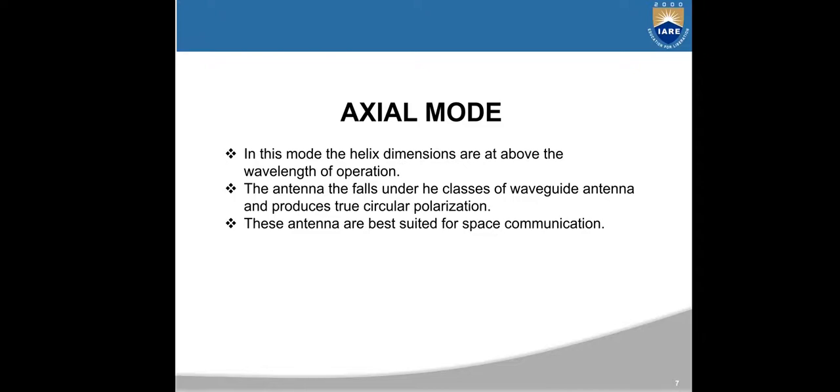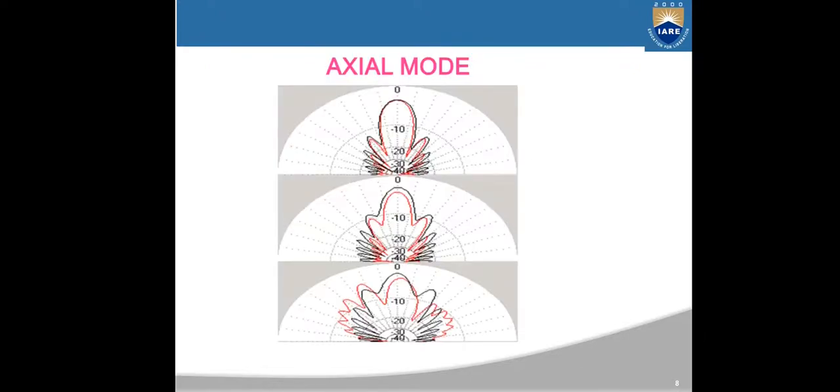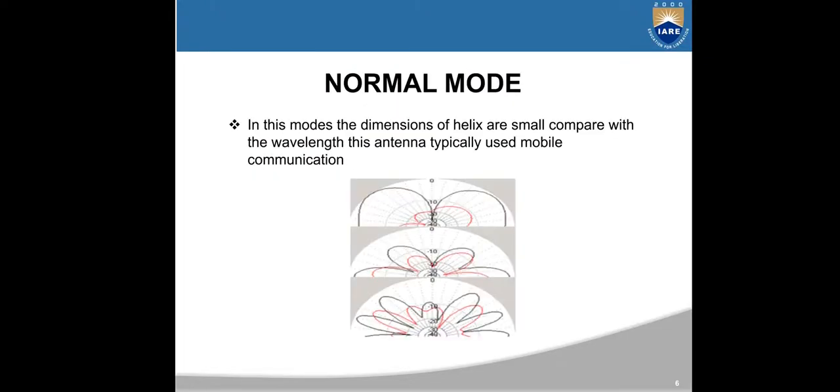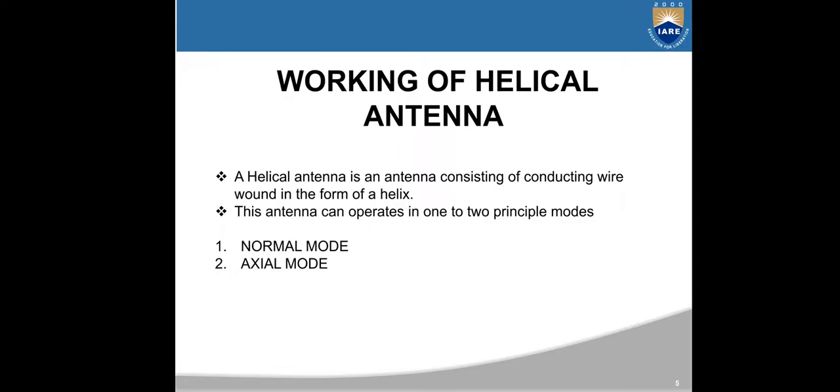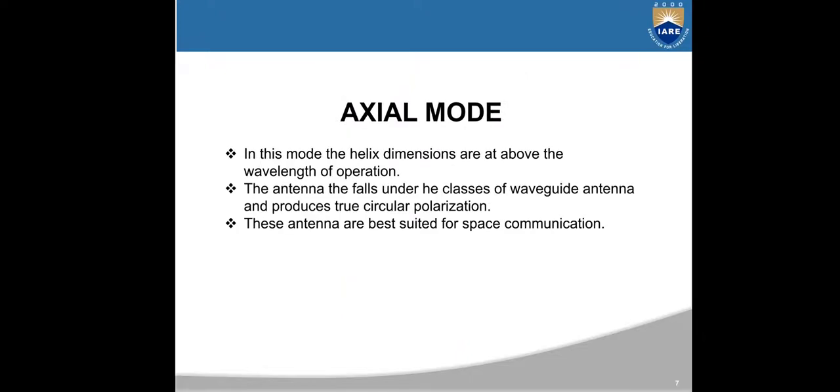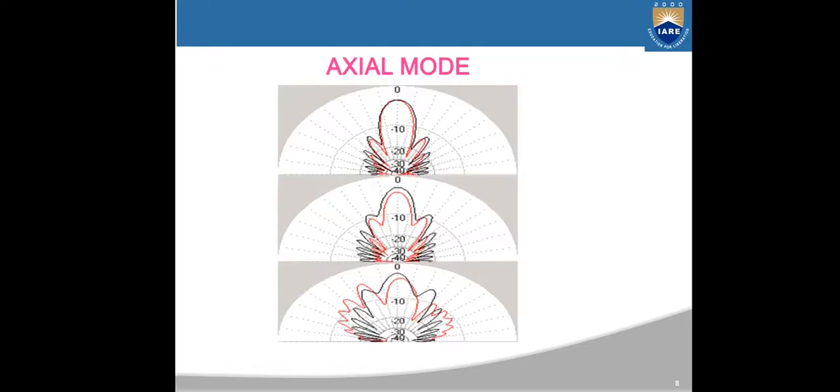Mostly the helical antenna is used in space communication, where it is very useful. So the axial mode and the normal mode are the two forms of helical antenna. This is how it works with normal and axial modes, and this is the shape of the axial mode.